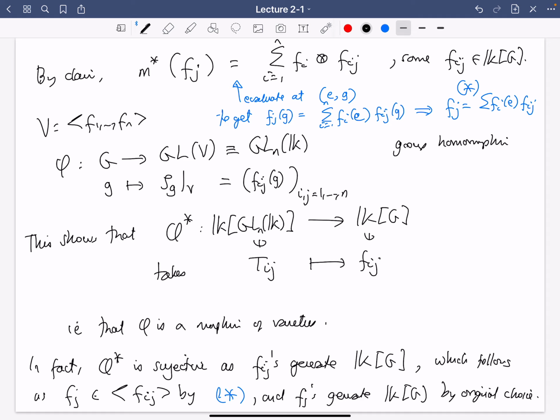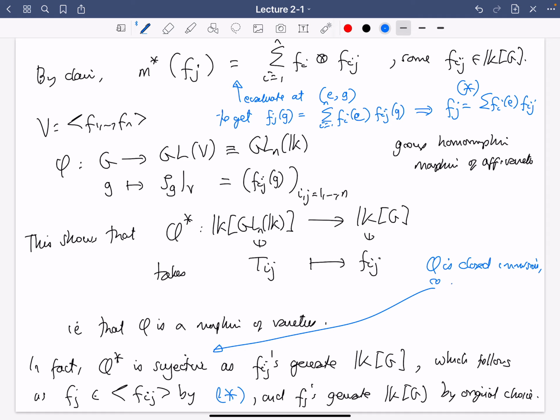So what I've just shown finishes the proof, because I've got this morphism phi of algebraic groups, and the fact that the comorphism is surjective shows that phi is a closed immersion.